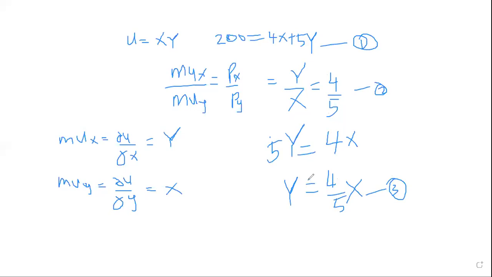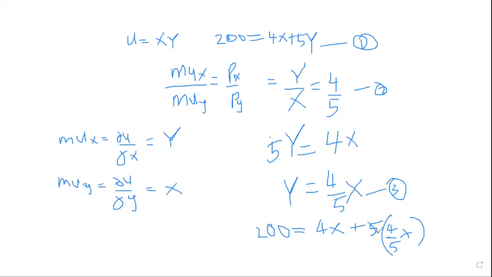So once I know this is y, I'll substitute it in the constraint so that I have 200 is equal to 4x plus 5 into bracket y, and y is 4 over 5x, and then you close your bracket.